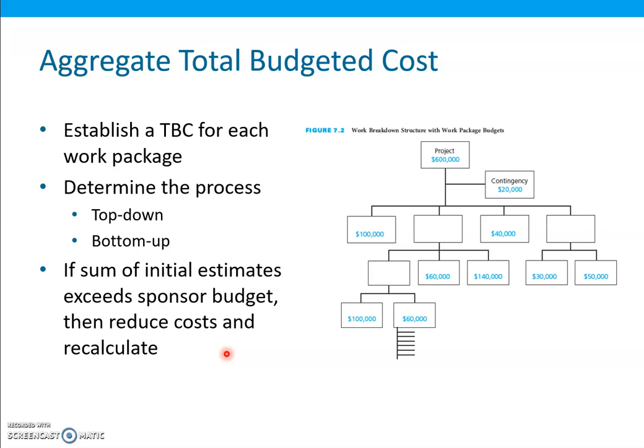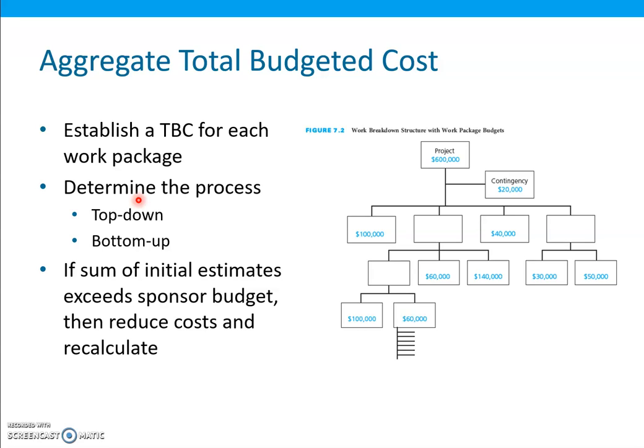So the project budgeting process has two steps. First, the project cost estimate is allocated to the various work packages in the project work breakdown structure. And second, the budget for each work package is distributed over the duration of the work package.